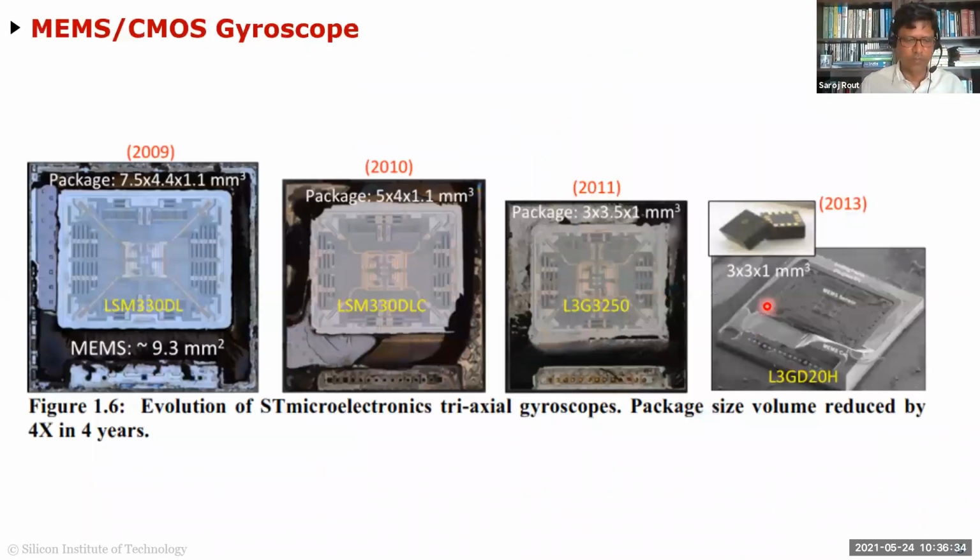So this is an example. ST Micro actually makes a MEMS triaxis gyroscope, and Analog Devices and ST Micro are among the makers. You can see even in 2009, this was 7 millimeter by 4 millimeter, and they progressed slowly. Today they sell this inertial measurement unit, which is only 3 millimeter by 3 millimeter, times height 1.